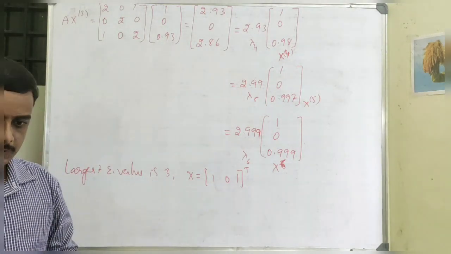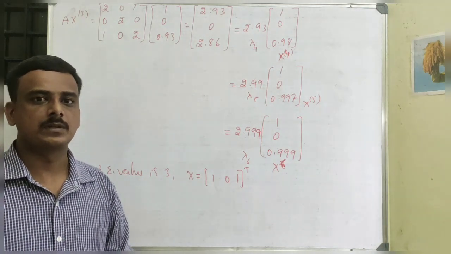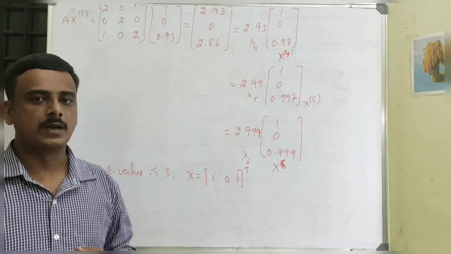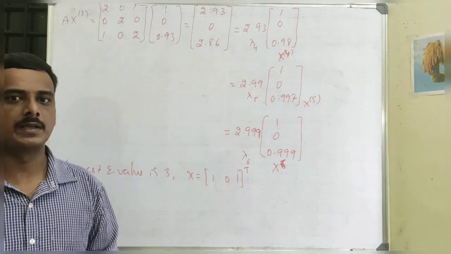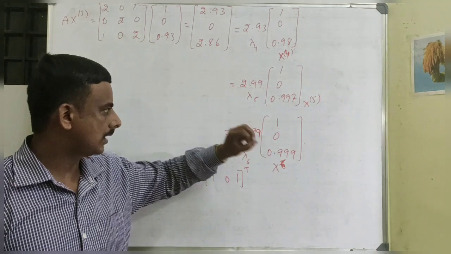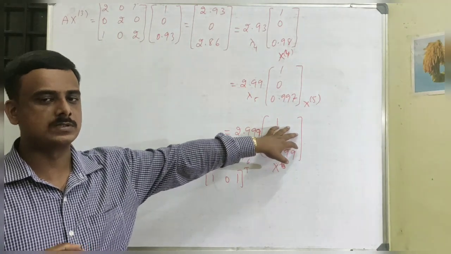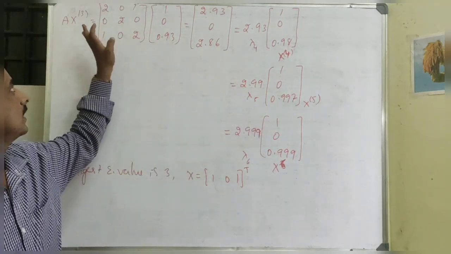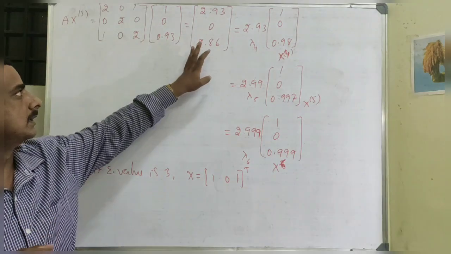So this is the way of solving problems on the Rayleigh power method. A 3 cross 3 matrix will be given and you will be asked to find the largest eigenvalue and the corresponding eigenvector. You start with an initial approximation for an eigenvector, either 1, 0, 0 or 0, 1, 0 or 0, 0, 1. Then multiply that with the given matrix, you get a column vector.